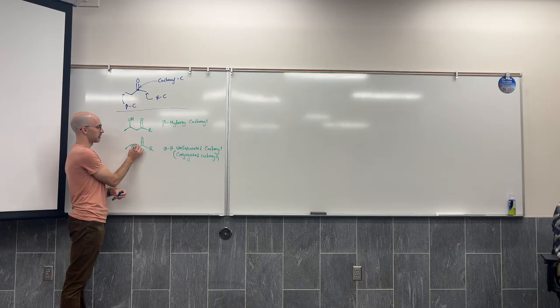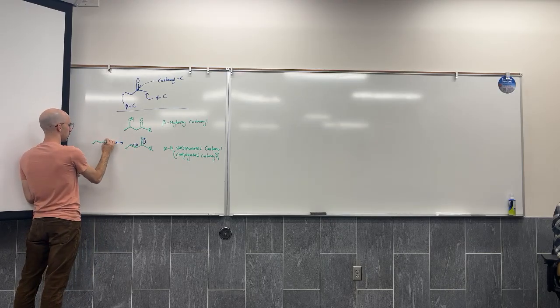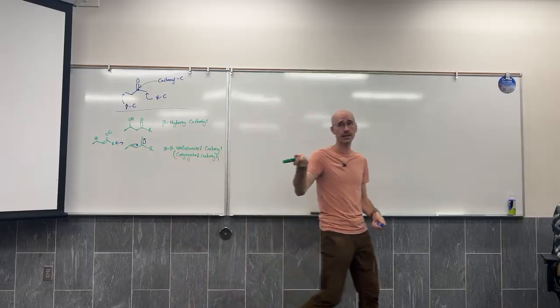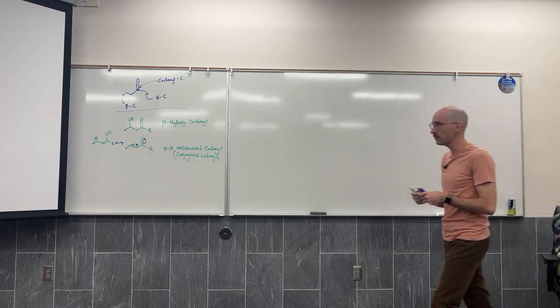And so actually what Justice was saying is there is a resonance form in these conjugated carbonyls, not a major resonance form because it doesn't maximize octets or charges. It actually minimizes an octet at the beta carbon. But it only engages in resonance because it's conjugated.